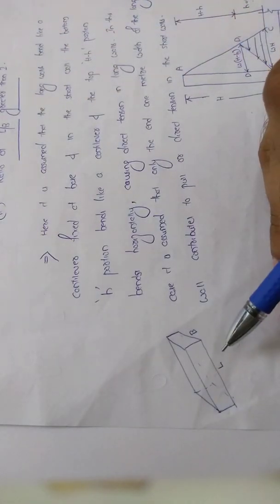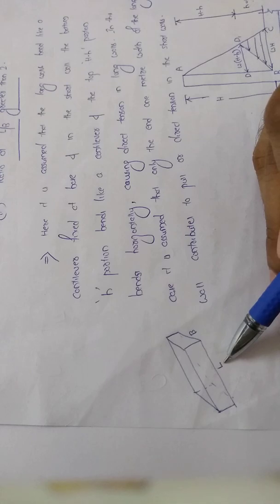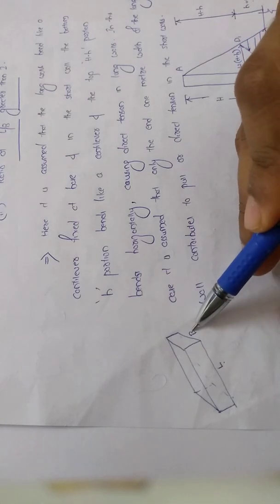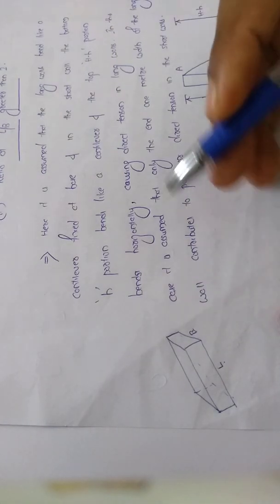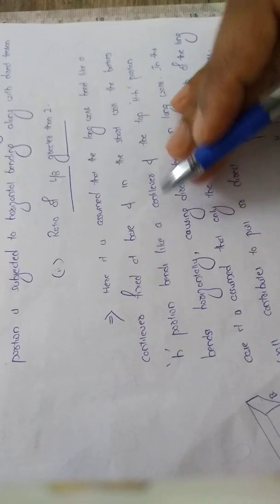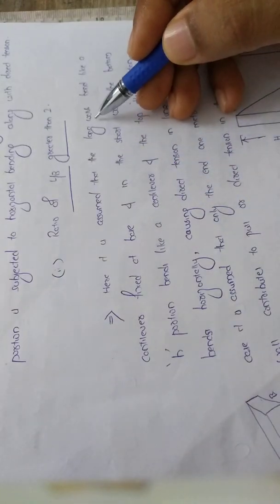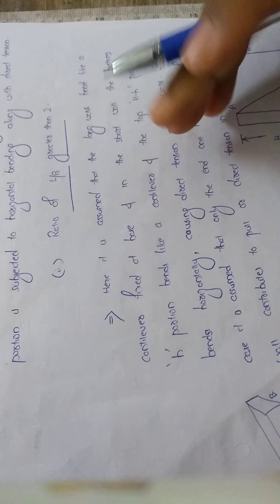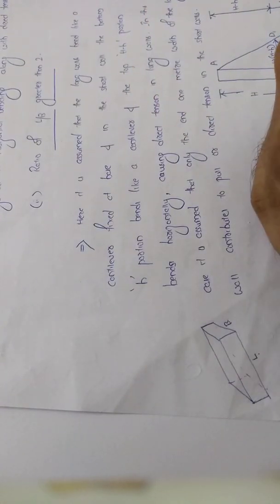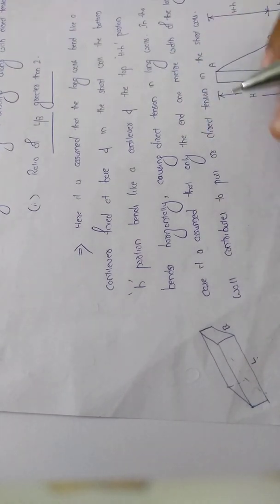This figure shows a tank where the length to width ratio is greater than 2. In this case, it is assumed that the long walls will bend like a cantilever, because this is a very long wall, with pure vertical bending only.